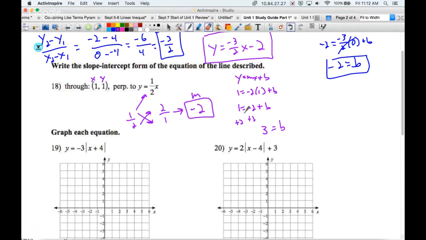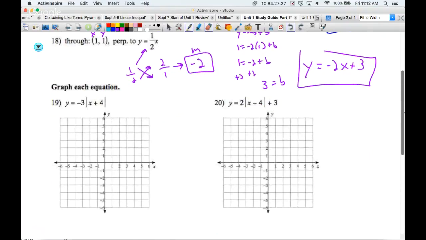So now I can write my equation as y equals -2x plus 3.